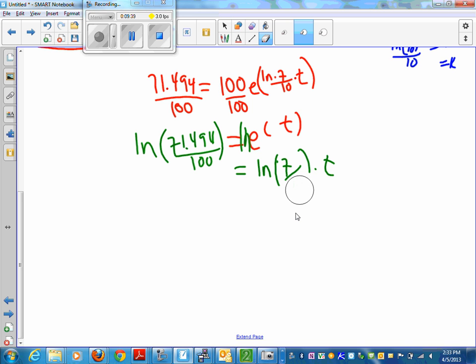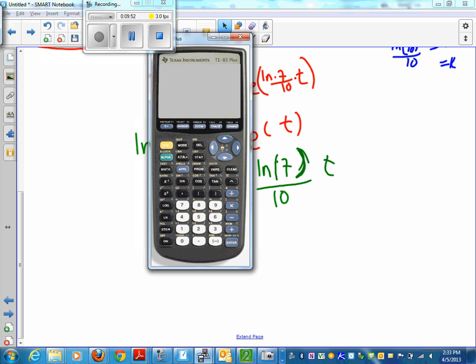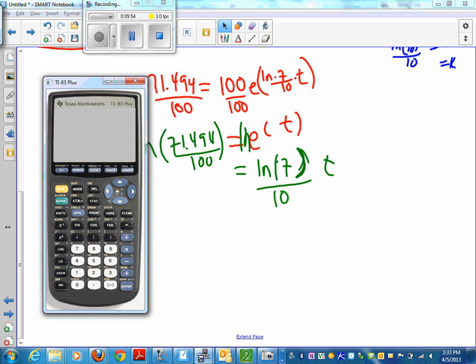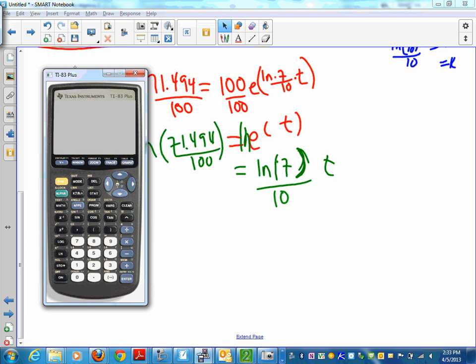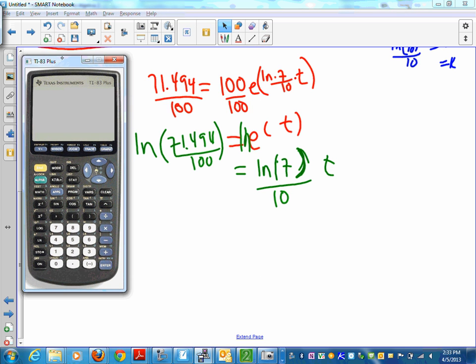Okay, be careful right here. Don't do what I just did. This is the natural log of 0.7 on top, all of this divided by 10. Very careful right there. Okay, so let's come over here and see what we can do with this one.